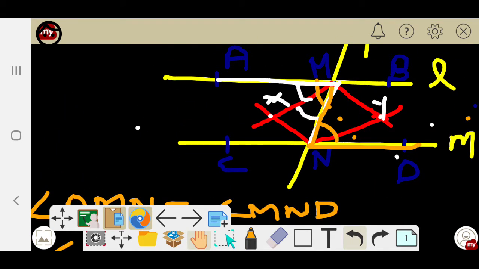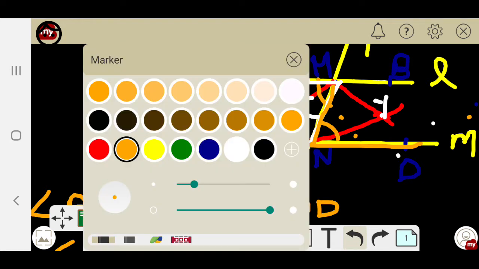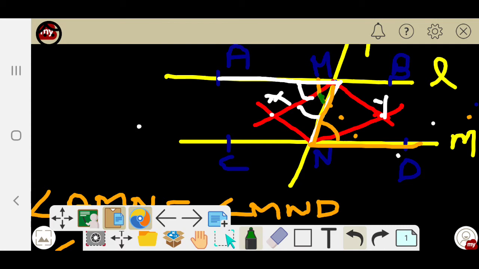Now we proved that this small angle XMN equals angle MNY.